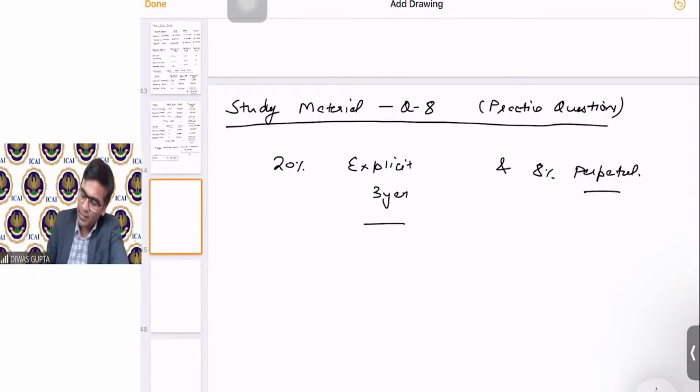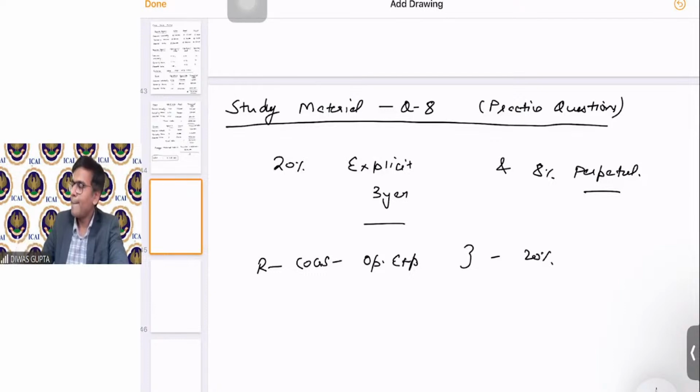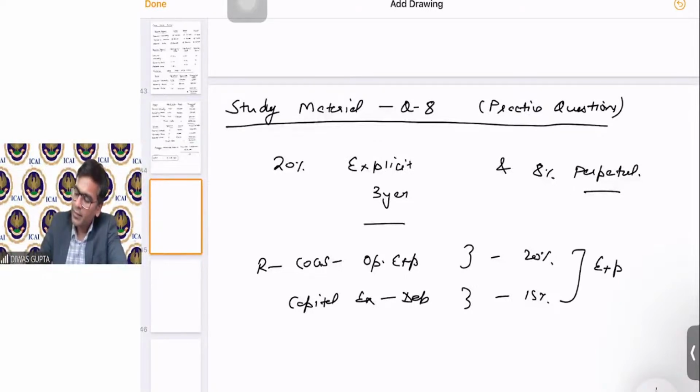So what they are saying is revenue minus COGS minus operating expenses will grow at 20%. And CapEx, capital expenditure minus depreciation will grow at 15%. This is again for the explicit period. And terminal value will be at 8% growth.